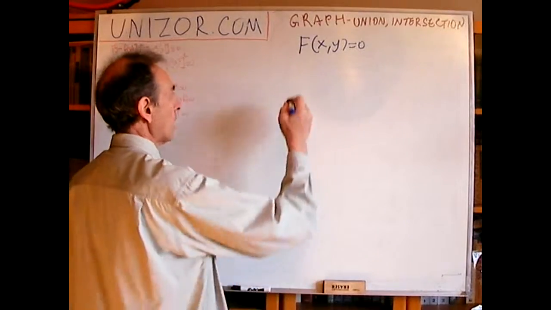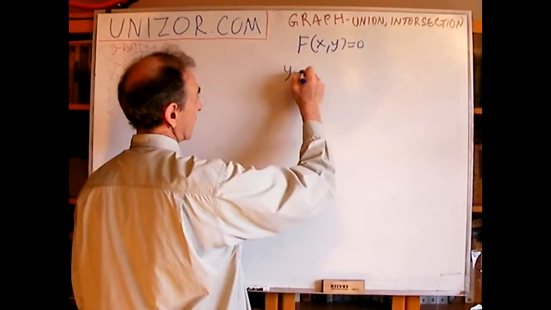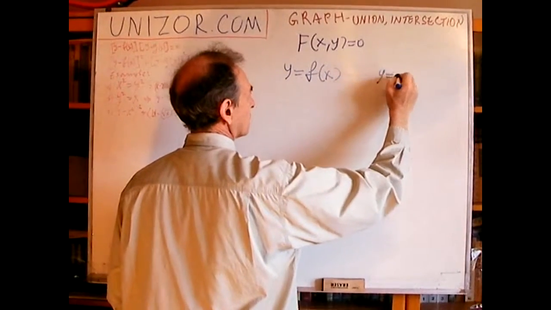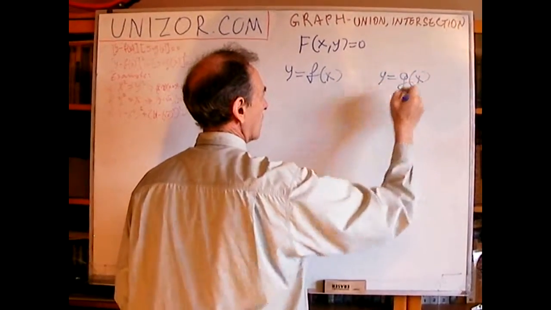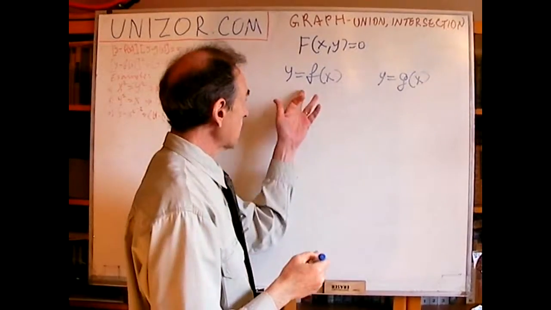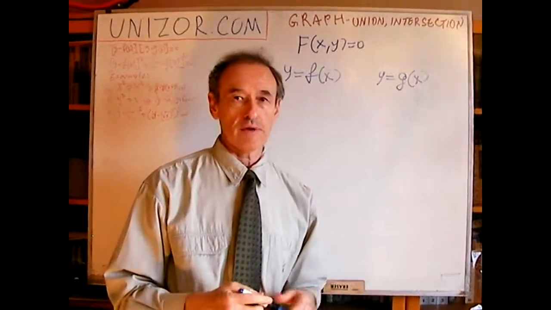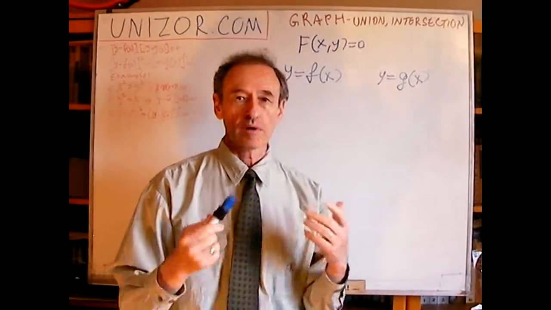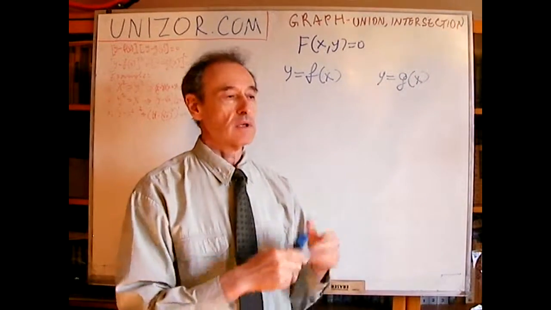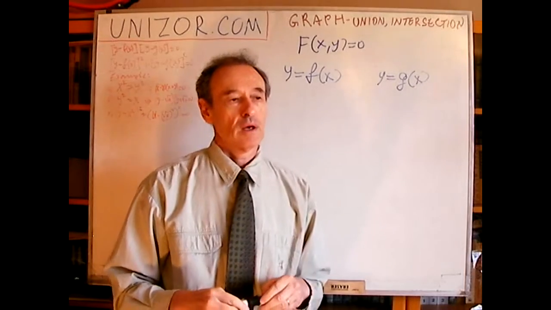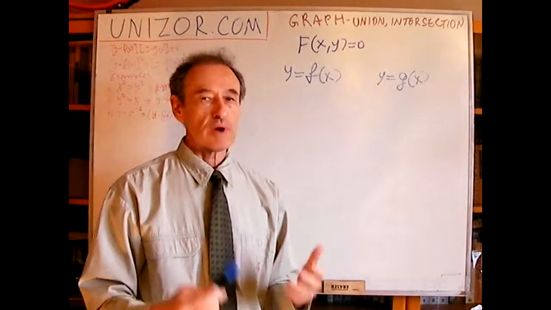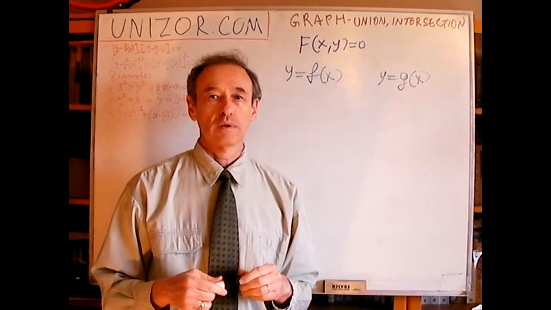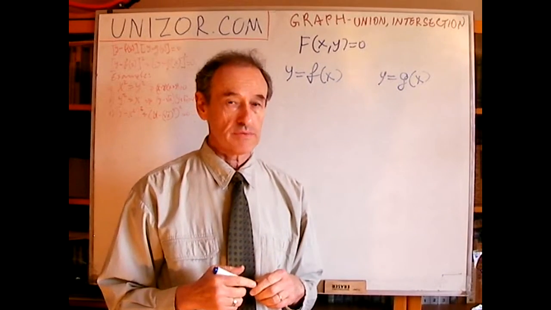So let's say you have two different functions. Let's start with the functions first: one function and another function. This has a certain graph and this has a certain graph. Let's consider that the domain where the functions are defined is the same. How do we represent algebraically the union of these two graphs?